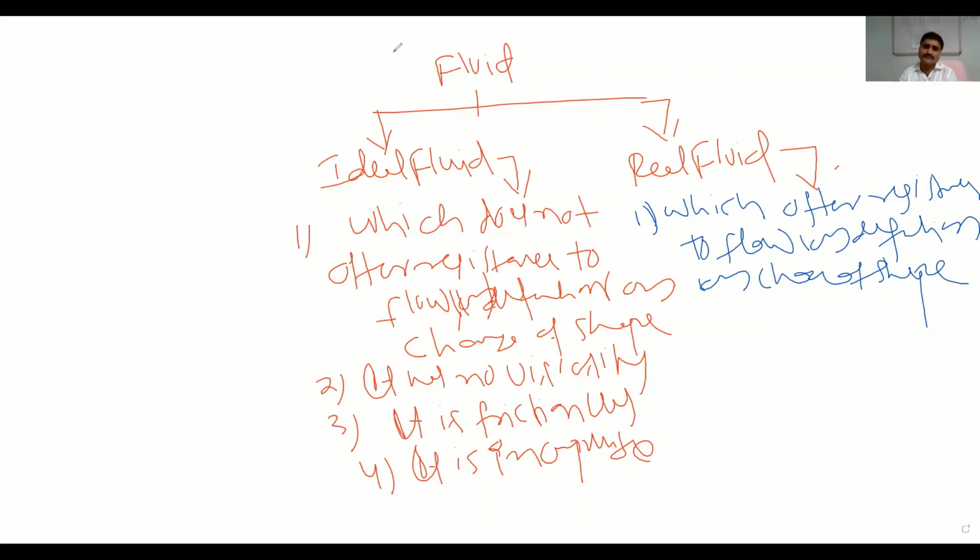Yes, sir, clear. What about the difference between ideal fluid and non-ideal fluid? Sir, ideal fluid does not offer resistance to flow or deformation or change of shape. It has no viscosity, it is frictionless, and it is incompressible also.